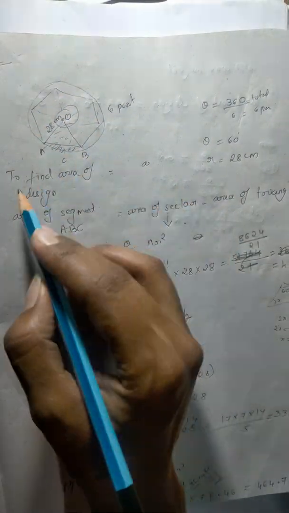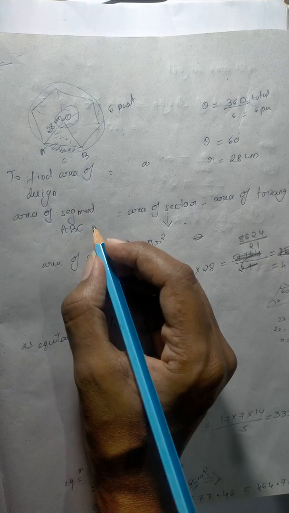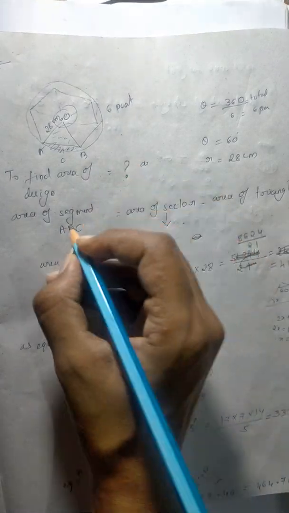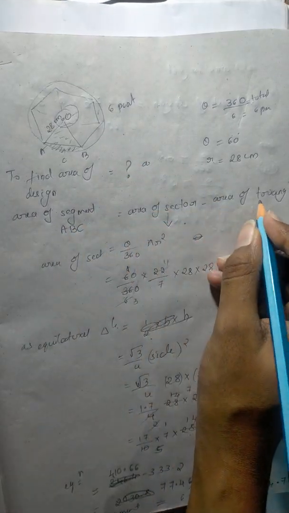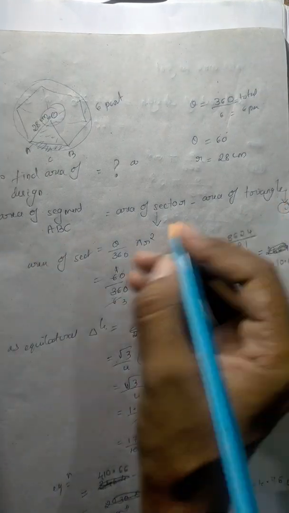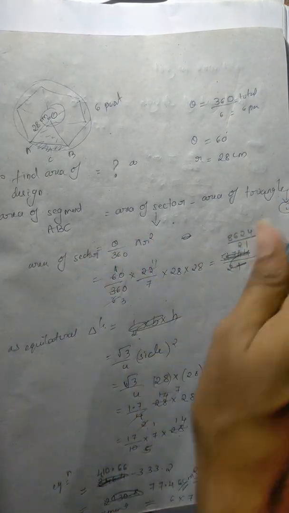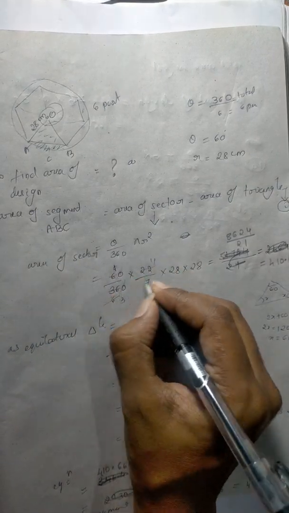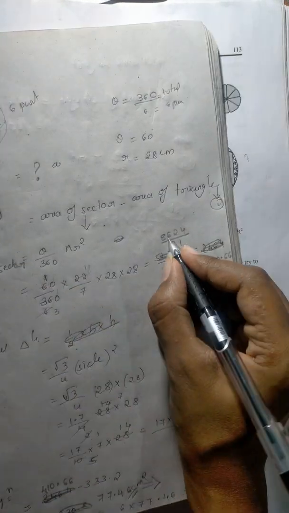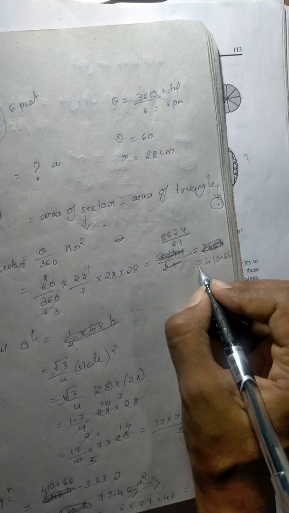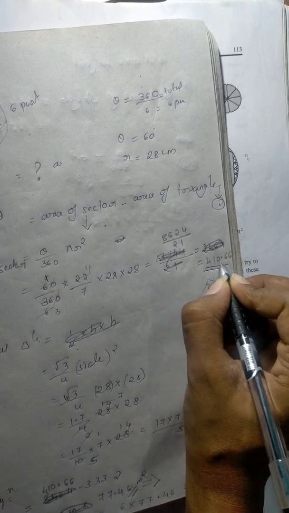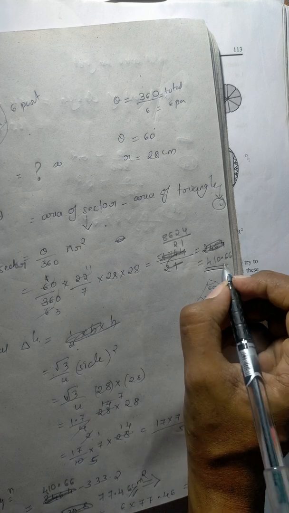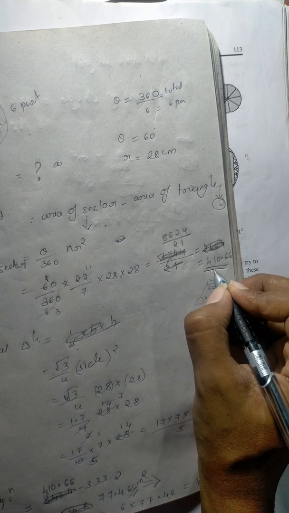To find the area of the design, the area of the segment ABC is area of a sector minus area of a triangle. We will call this equation 1. First we calculate the area of sector: theta divided by 360 pi r square, substitute the values, get 8624 divided by 21. I got the answer as 410.66, in terms of centimeter square.